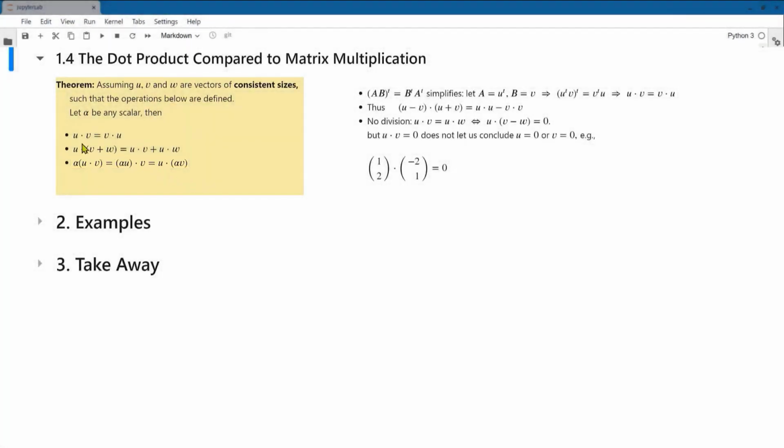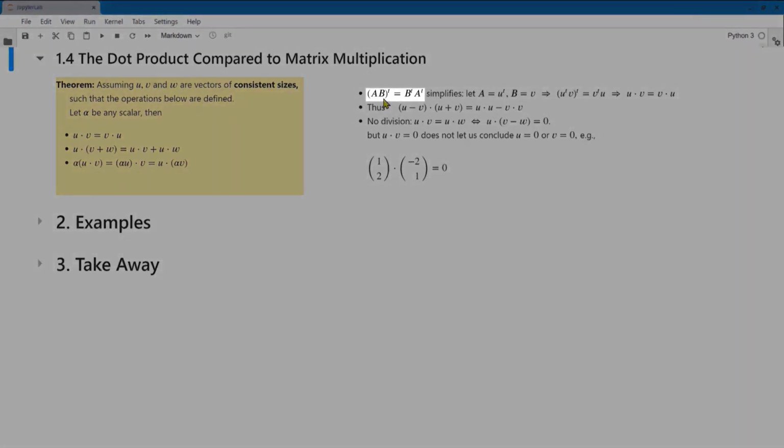I'd just like to show you why U dot V is equal to V dot U. If I look at my matrix product from before, (AB) transpose is equal to B transpose A transpose.